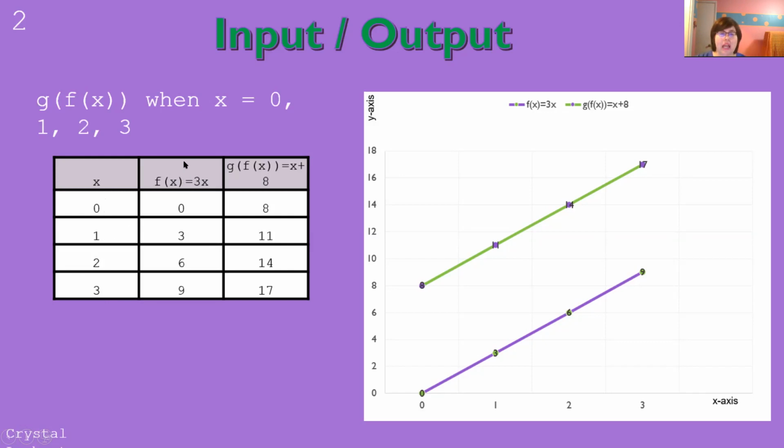Now, we're going to move to the middle column. Our second column, we're saying f of x is equal to 3x. When we say f of x, that is the same as saying y equals 3x, okay?